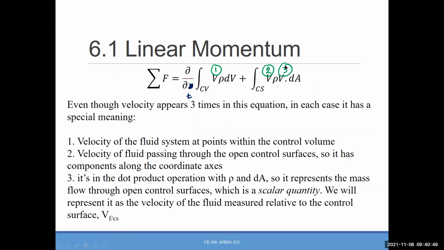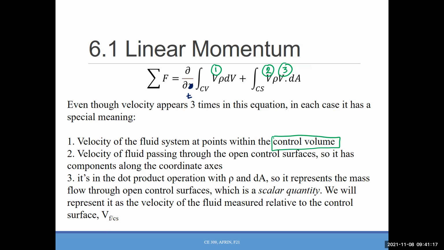Can anyone read the very first one, point number 1? Velocity of the fluid system at points within the control volume. Okay, so number 1 is the velocity of the fluid system at any point within the control volume. What about number 2? Who will read that?